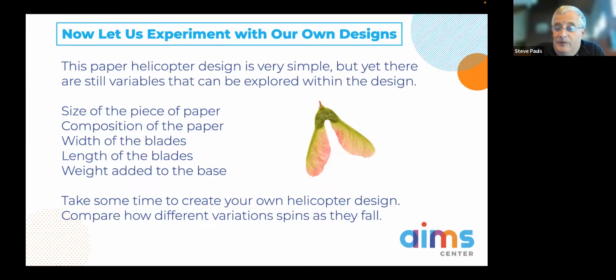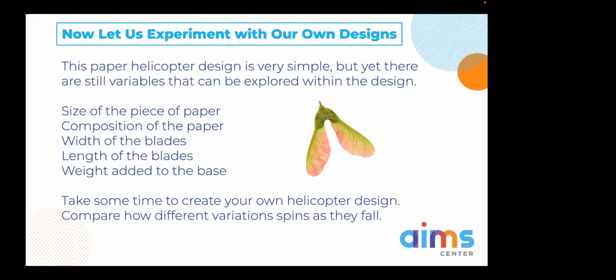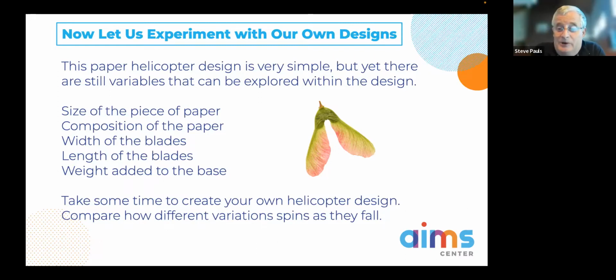Or you change the width of the blades so that the blades are much larger than the stem, or the stem is much larger than the blades, or the number of paper clips you add or subtract, or you use a staple versus a paper clip. All of these slight changes in variables do make a difference. And I'd love for you to experiment with some of those variables with those different designs.